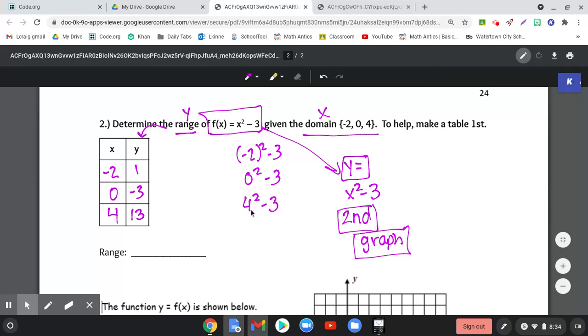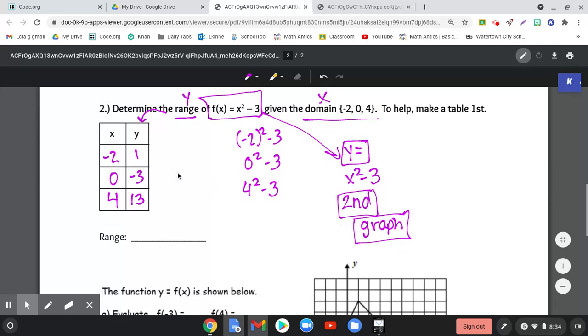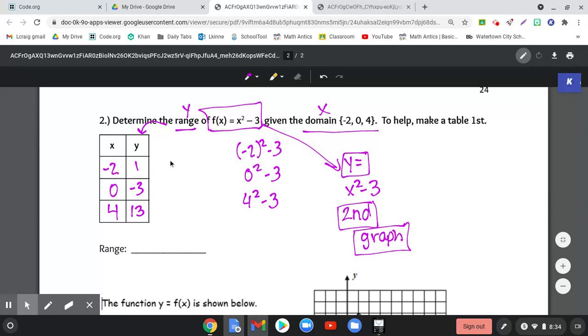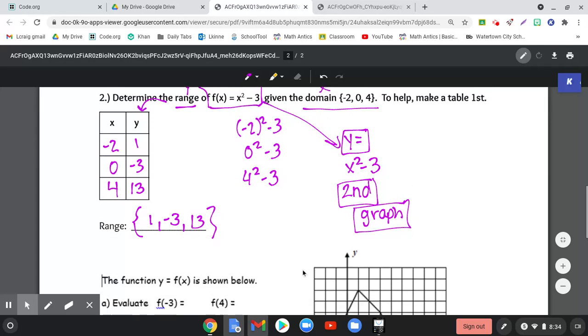So again, 4 squared, 16 minus 3, 13. 0 minus 3, -3. -2 squared is 4, minus 3 is 1. But again, use that calculator. So now answer the question. The range would be 1, -3, and 13.